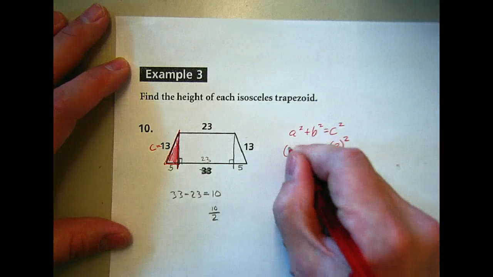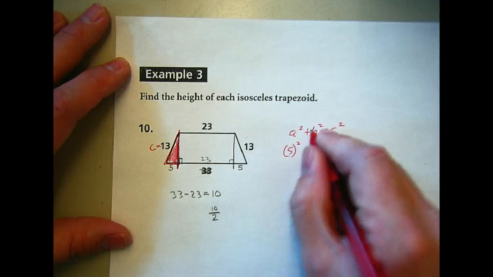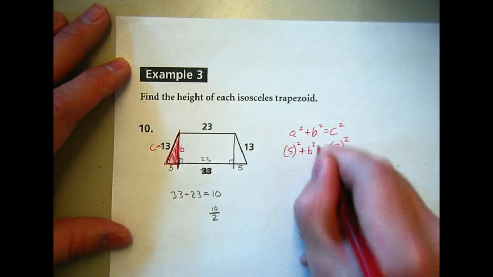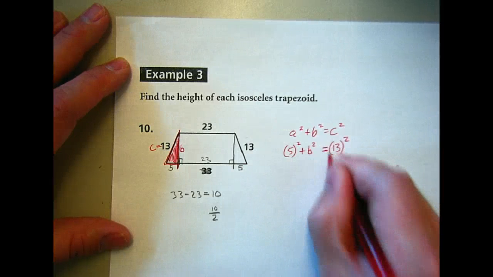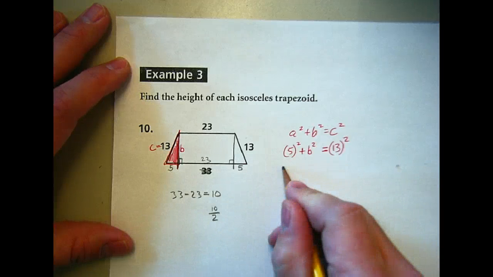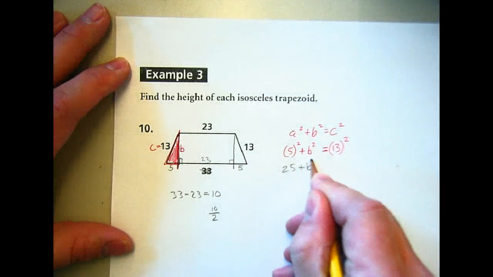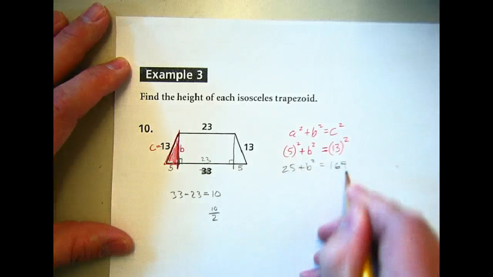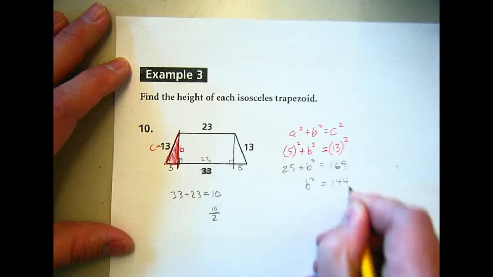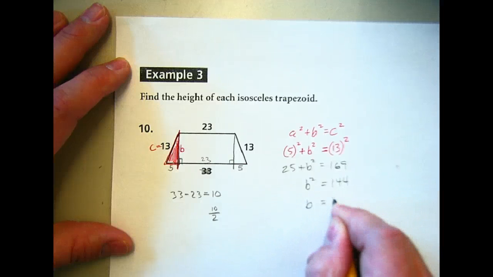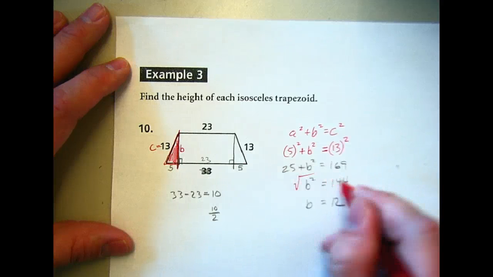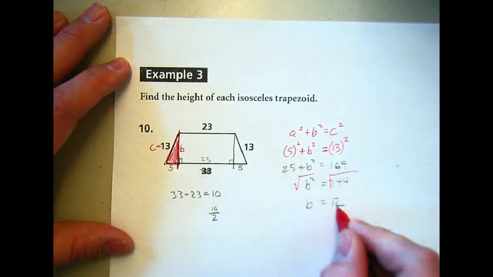A squared I'm going to call 5, square it, and we're looking for b. 5 squared is 25. 25 plus b squared equals 169. Subtract 25, b squared equals 144. And Andrew says b equals 12. We take the root of both sides, right? Square root, square root. Andrew gets 12.